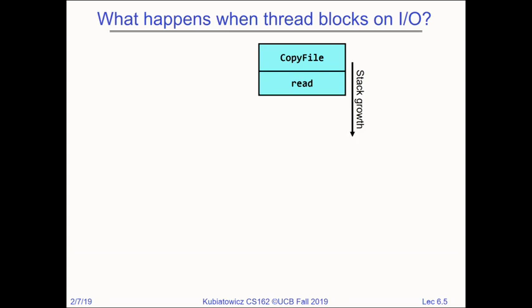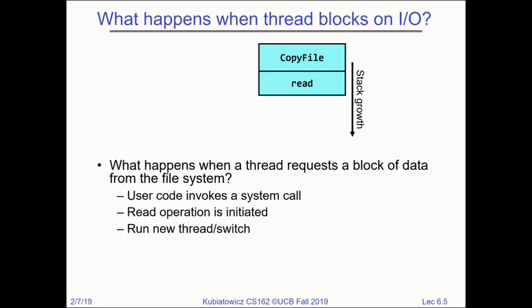But okay, so what happens when the thread blocks on I/O? Let's talk about that for a second. We're busy running our code, and we execute a read system call. When a thread requests a block of data from the file system, there's a good chance that read actually has to go all the way to the disk, which means we want to put the thread to sleep, because we want somebody else to run.